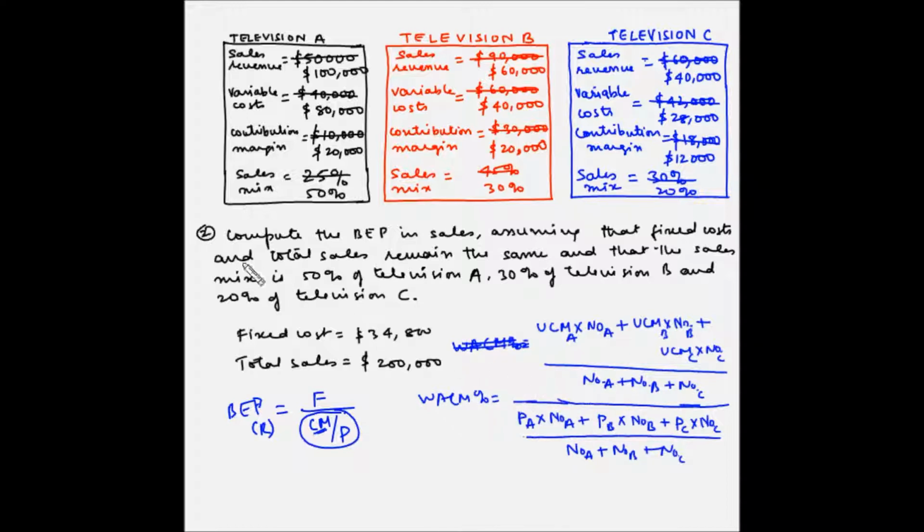Now in part number A, what we had seen was a narrowed down version of this formula, because this denominator gets cancelled with this denominator.